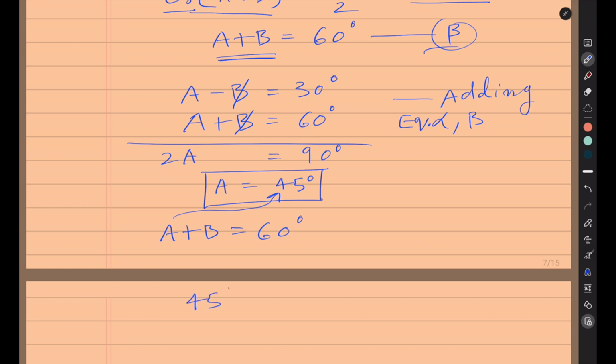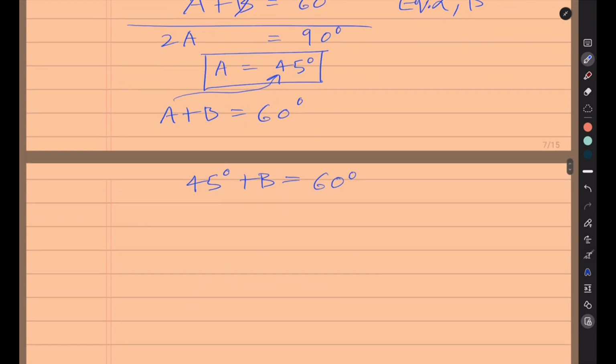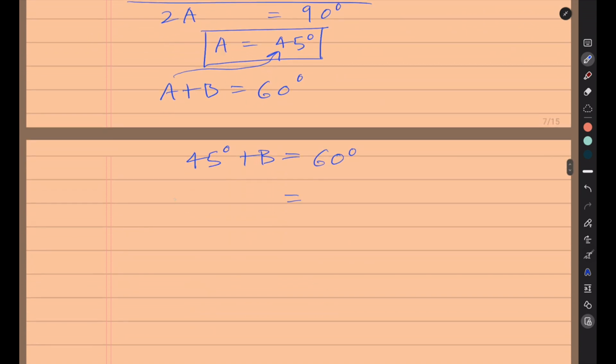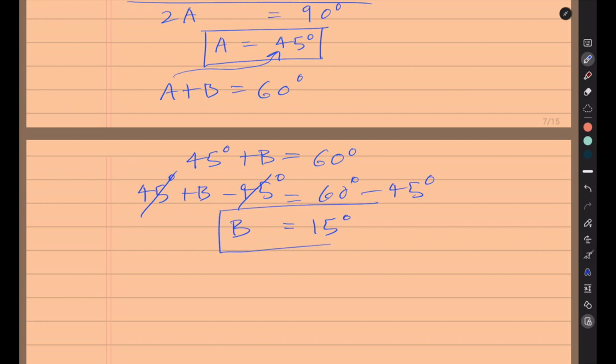So 45 degree plus B is equal to 60 degree. Now it's very simple, just subtract 45 degree from both sides. And that will give angle B is equal to 15 degree. So this is how we will solve such kind of equations.